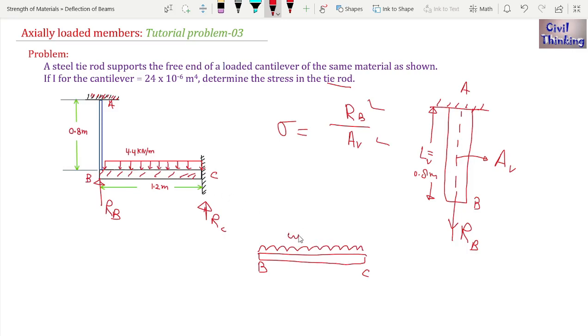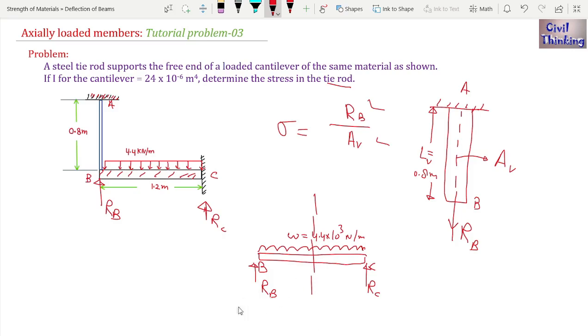Let me call this W. It is 4.4 kilo, and kilo is 10 power 3, Newton per meter. Now here is a reaction, it is RB, and this reaction is RC. As you can see, this is a symmetric beam.